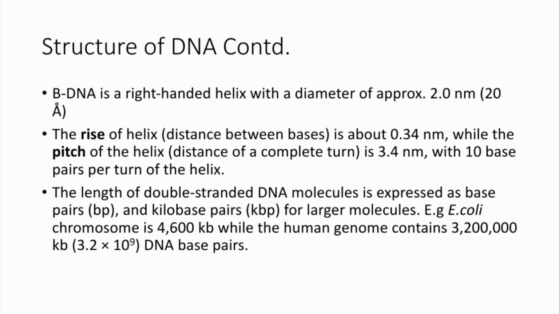The length of double-stranded DNA molecules is expressed as base pairs, but when we have thousands, we call them kilobase pairs. The E. coli chromosome is around 4,600 kilobase pairs, equivalent to around 4.6 million base pairs, while the human genome contains around 3.2 billion base pairs.